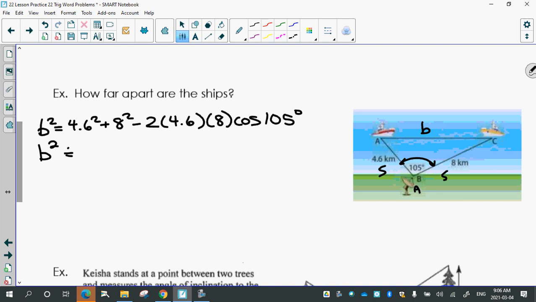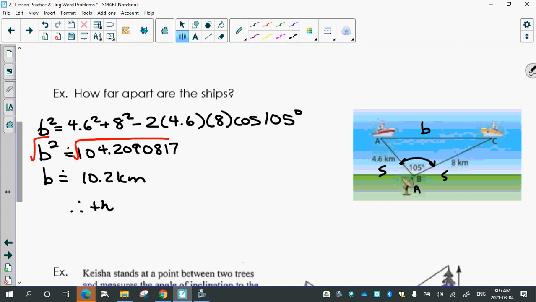And that should get you to b squared all in one step. .2 kilometers.